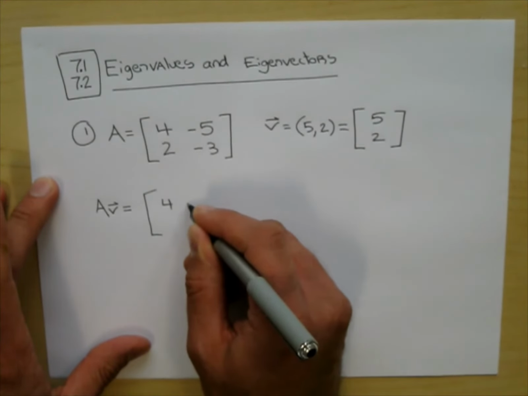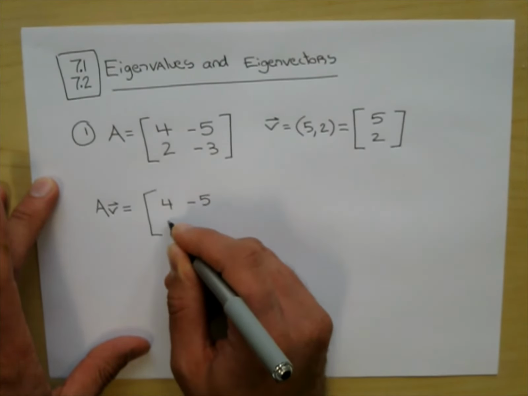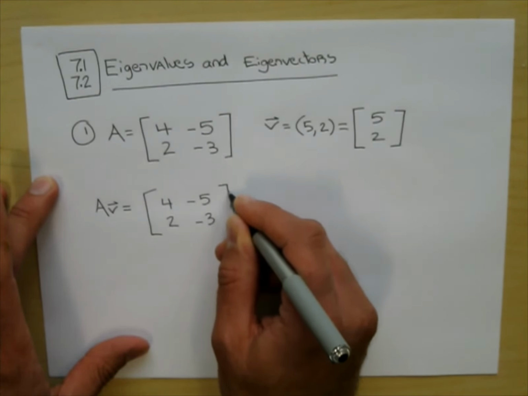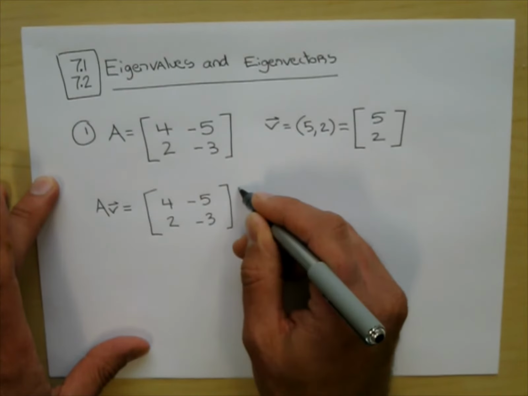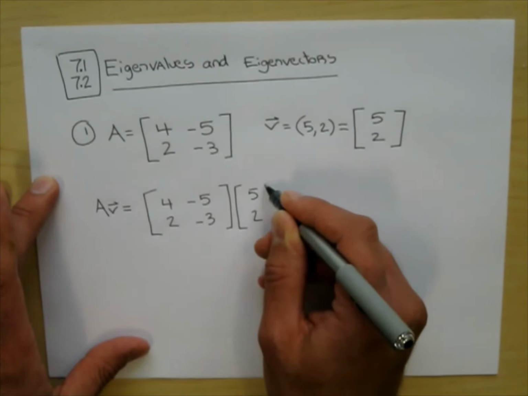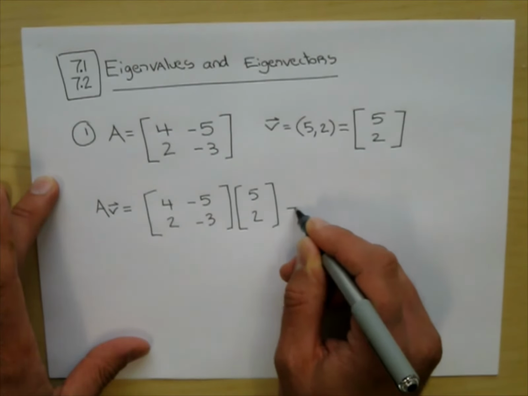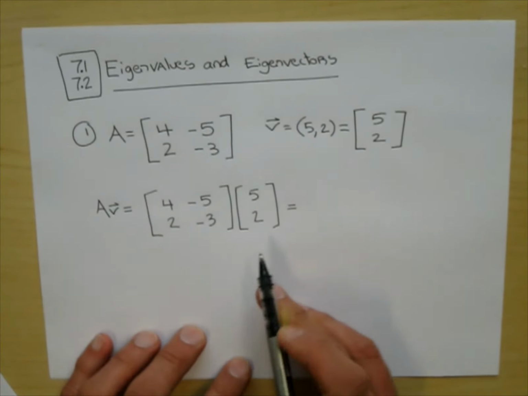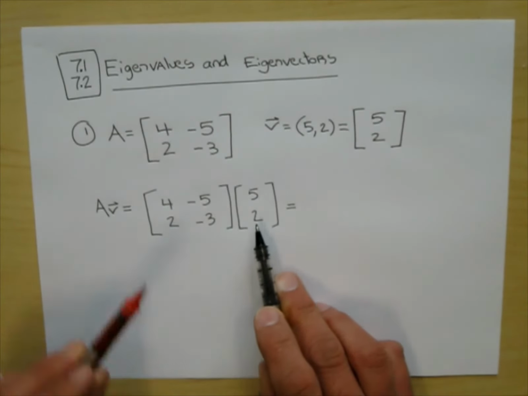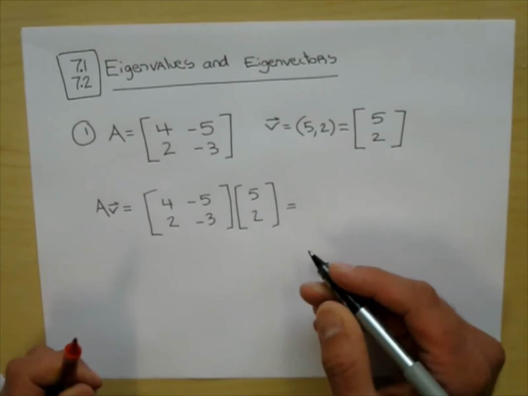So here's 4, negative 5, 2, negative 3. And vector V is 5, 2. So what do we end up getting? We end up getting 20 minus 10. 20 minus 10 is 10.